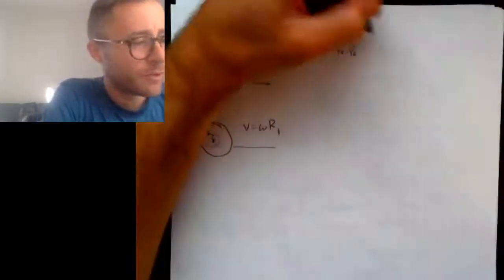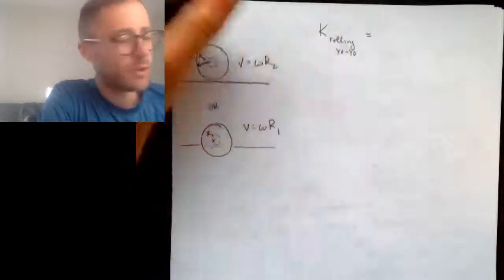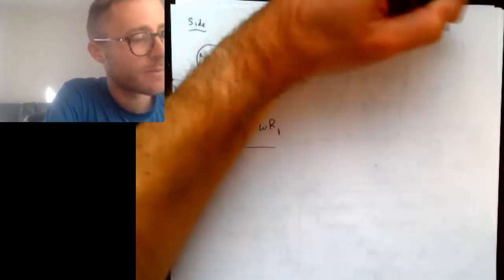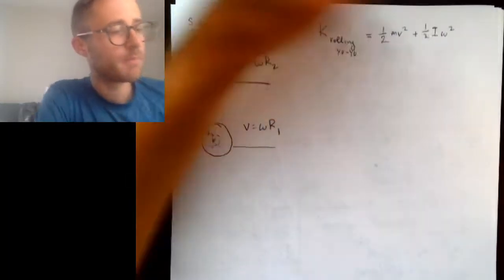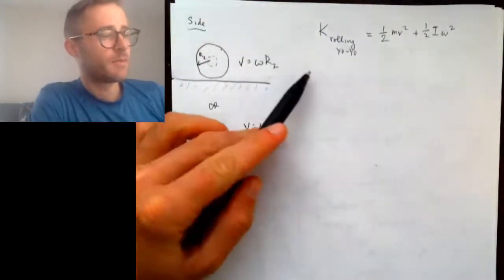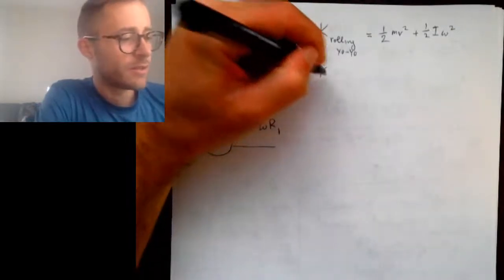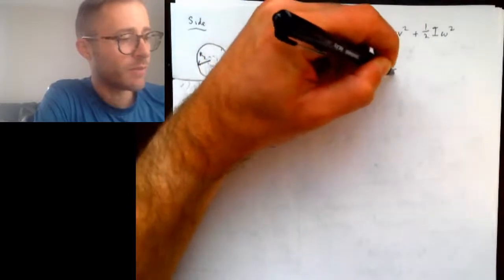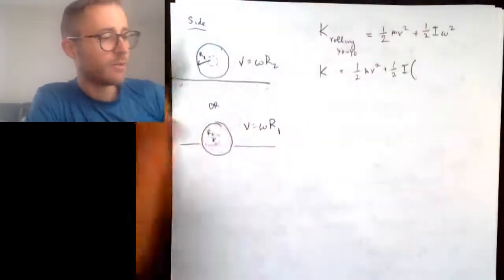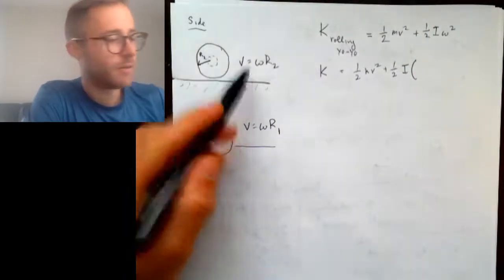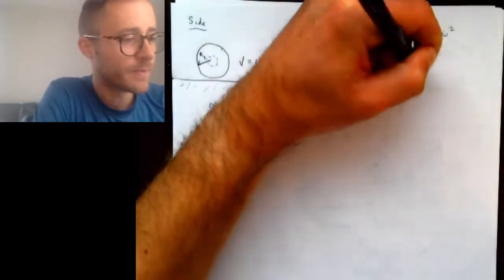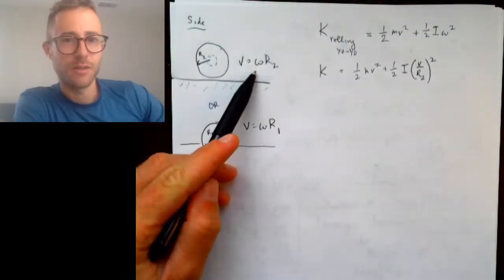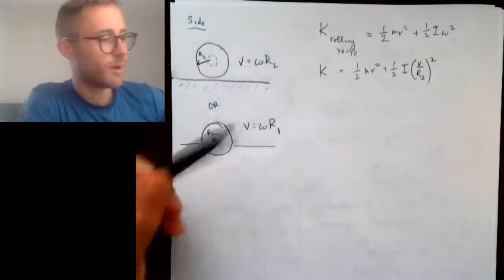So always, the kinetic energy of the rolling yo-yo is going to be 1/2 mv squared plus 1/2 I omega squared. In this case, for omega, I would plug in v over r2, squared, because this is the circle that it's rolling about.